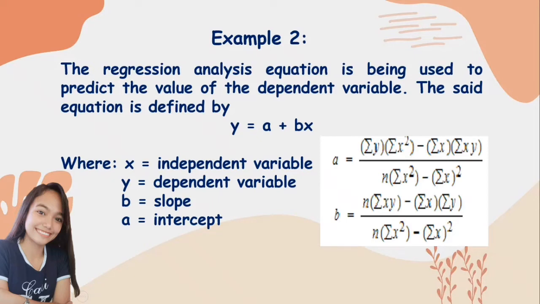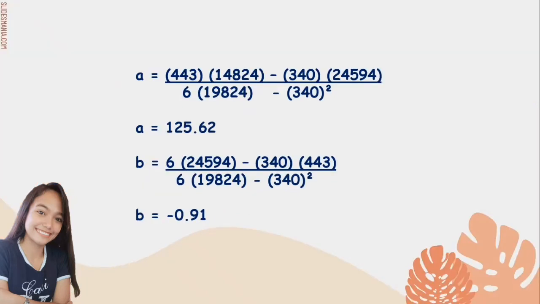So, summation of y times summation of x squared minus summation of x times summation of xy, all over n, yung n dito yung number of students, times summation of x squared minus summation of x quantity squared. Then, the summation of y will be 443 times 19,824.